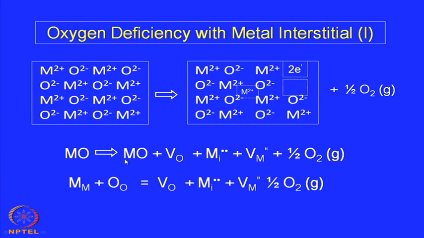Now, this is not an actual equation, it is not an equality sign, you cannot write it here, but if for equality sign we have to consider the lattice, both lattices are involved here, both the oxygen lattice and the metal lattice. So, here oxygen vacancy is created, metal interstitial is created, then metal vacancy has also been created.